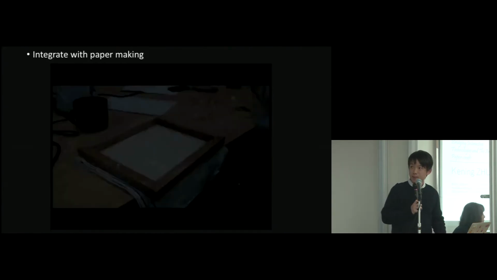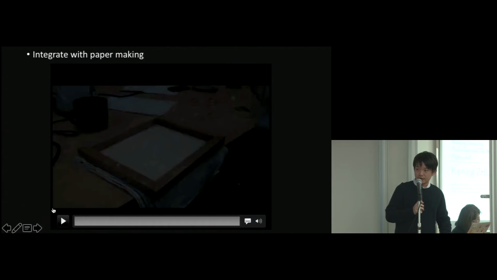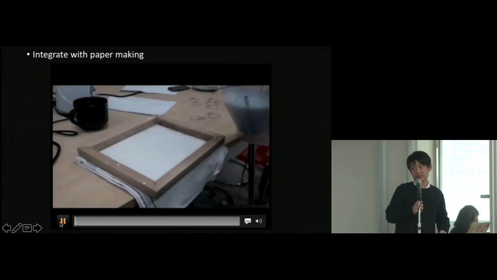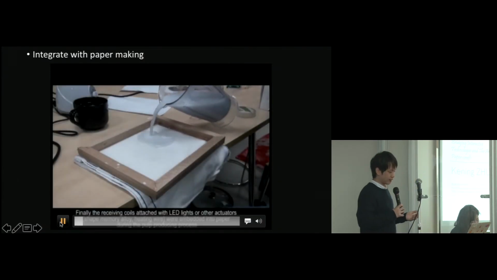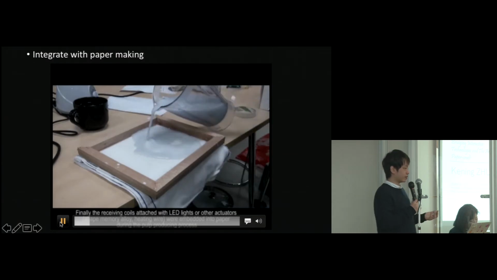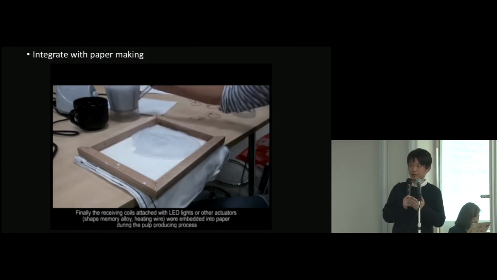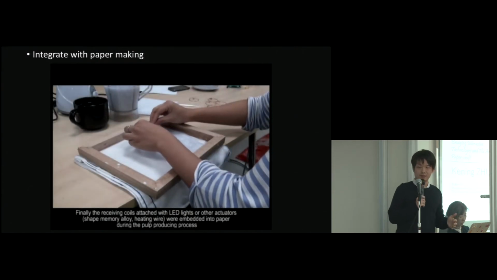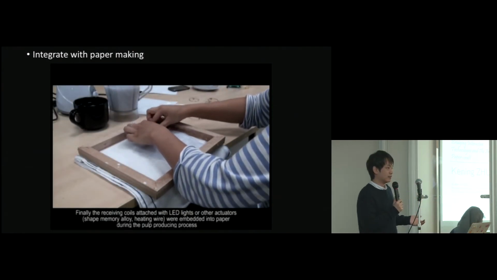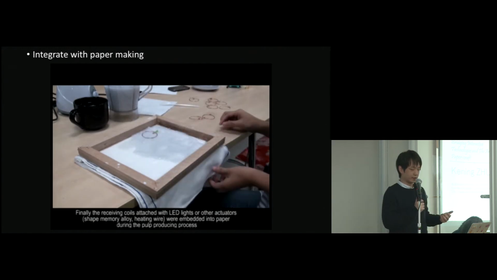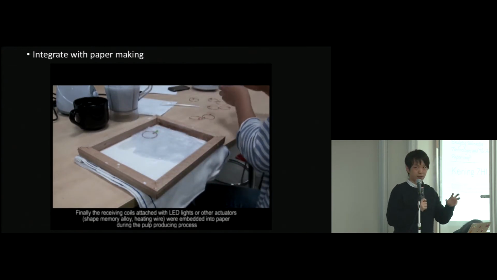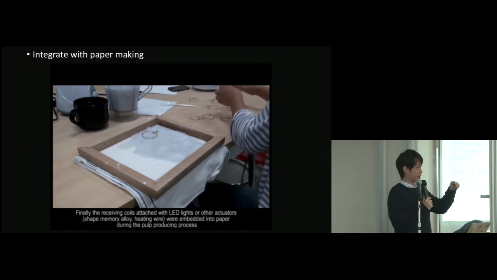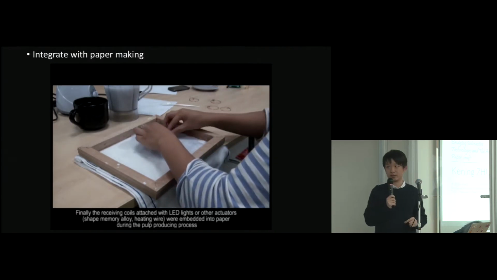And this technology can be easily integrated in the process of pulp-based paper making. For example, you're making a piece of paper using the pulp material, and you can easily embed this antenna into the paper without thinking about how to create the wires and the circuits in the paper material.